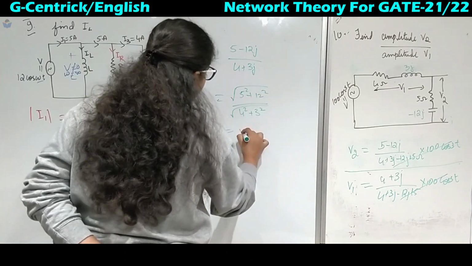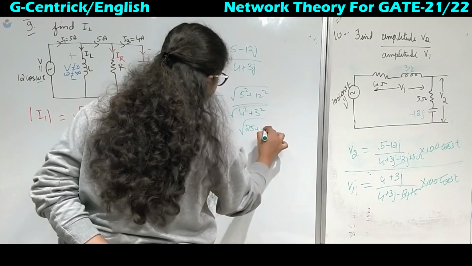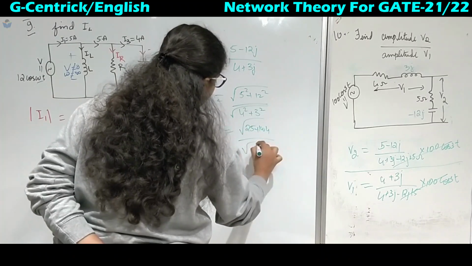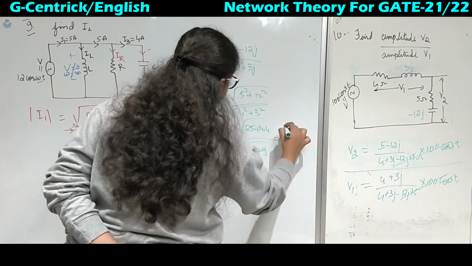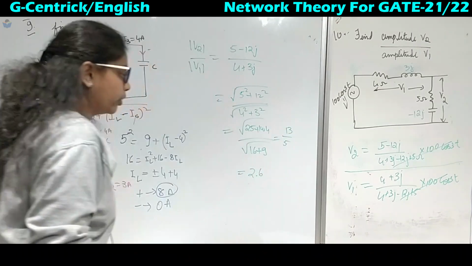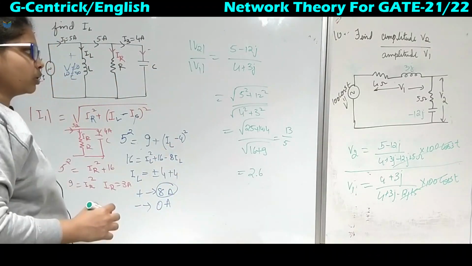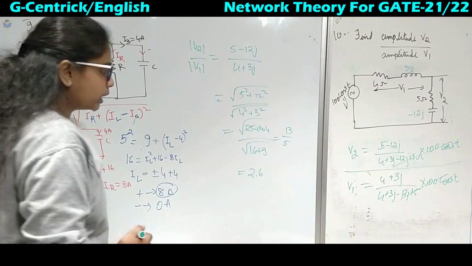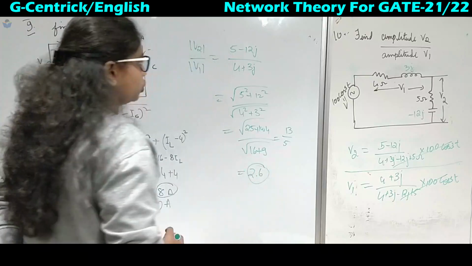So it is root of 25 plus 144 upon root of 16 plus 9, which is 13 upon 5, which comes out to be 2.6. It does not have any unit because volt gets cancelled. Okay, so this is the answer for this question.